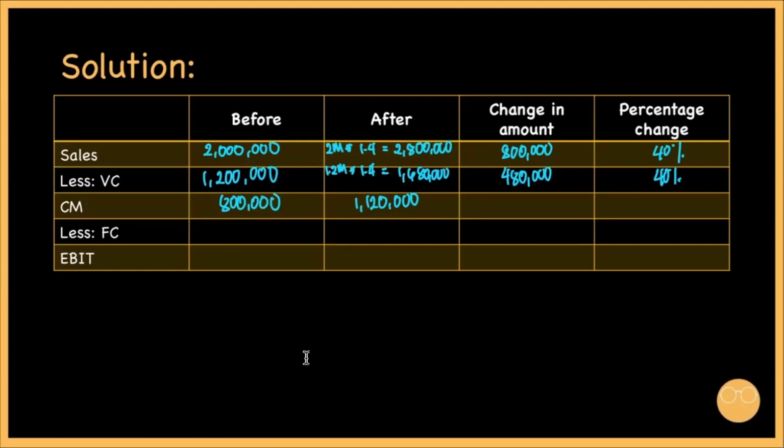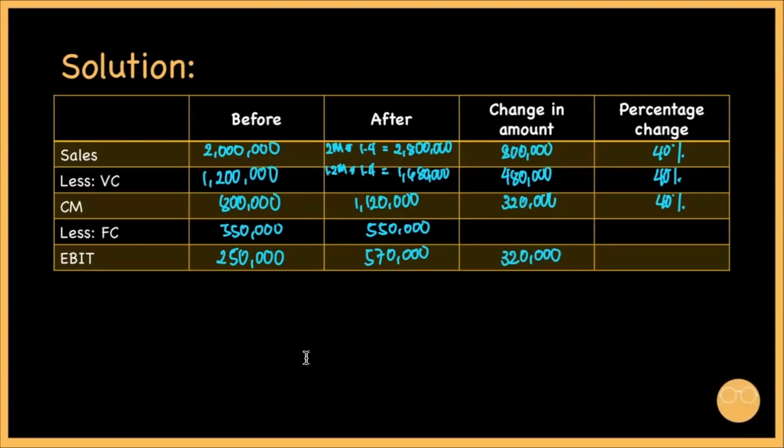The total change in the contribution margin is 320,000, which is also the 40% change. We should then plot the fixed cost, 550,000. Fixed cost will not be affected by the change in sales. So our EBIT is 250,000, and our EBIT after the 40% change is now 570,000. The change attributable to the 40% change is 320,000.